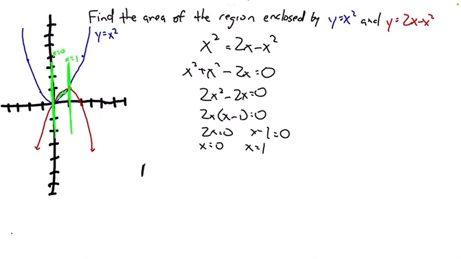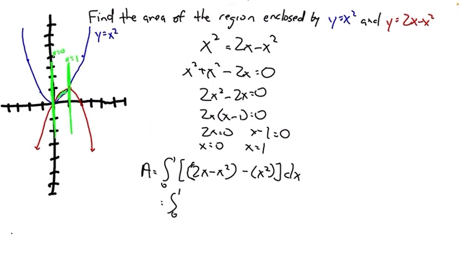So let's set this up. That's 0 to 1. That's going to be 2x minus x squared. That's a slight mistake. 2x minus x squared minus x squared. Remember, that's our formula.